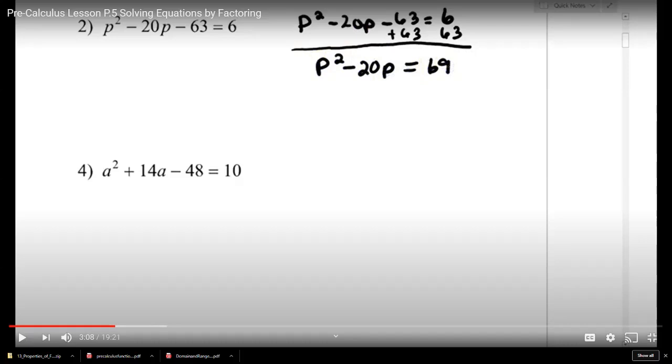Can anybody tell me what C is going to have to be for it to be a perfect square? I'll give you a minute to answer that. Can somebody tell me, and I'd like the whole class to respond, what does C have to be for it to be a perfect square?